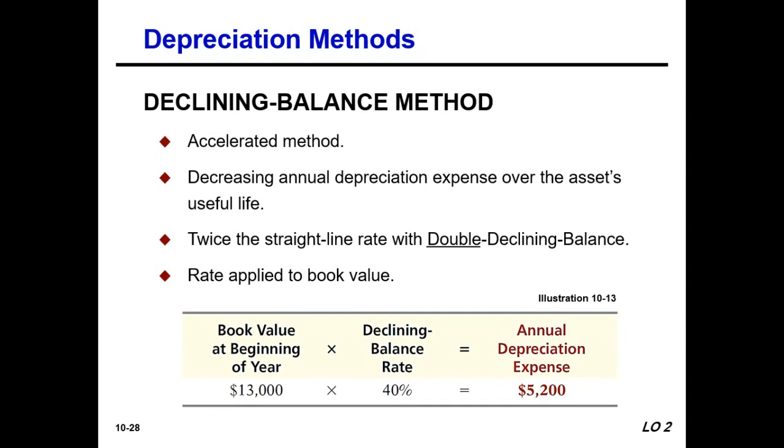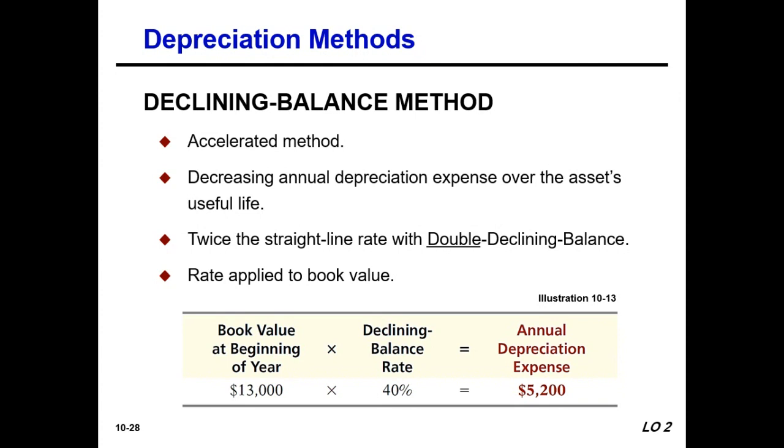Okay, once we are done with unit of activity method, remember we have three methods. One was straight line, second was unit of activity method. Now this is the third method, which we call declining balance method. Under declining balance method, we are also calculating our depreciation, right?